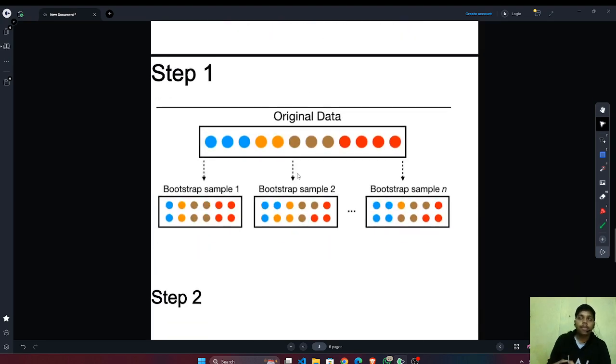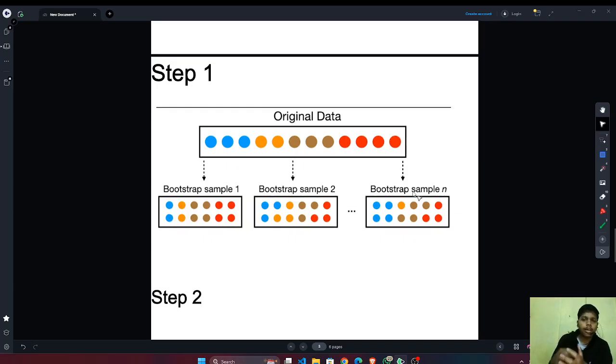So now we will understand how random forest is made and what the logic behind it is. The logic behind random forest is that we do a few steps to classify the objects. Step one, we have an original data. This is our original data, and we modify it into many data sets.